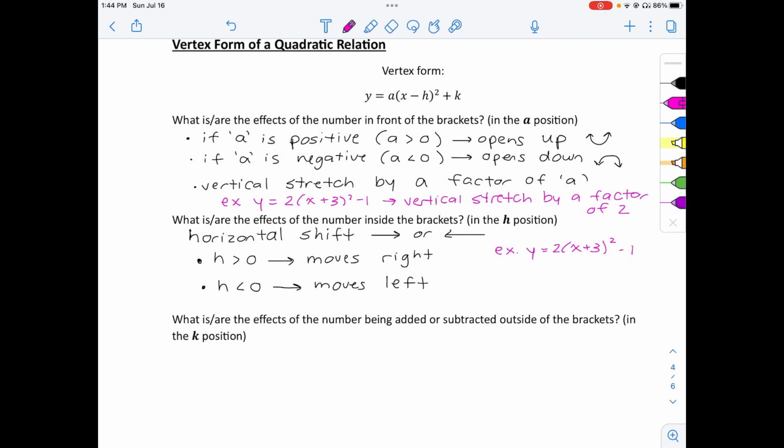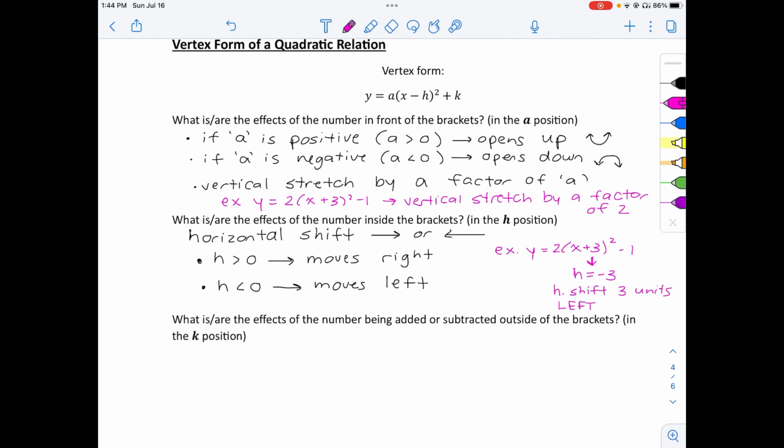In this case, because it's x minus h, this would mean that h is actually negative 3. So this would be shifting, I'm going to say horizontal shift, I'm just going to call it an h shift, 3 units left.